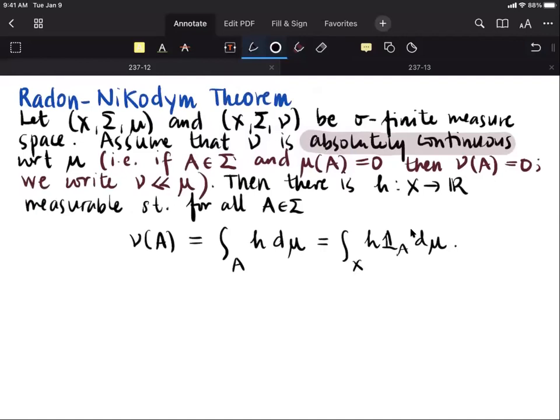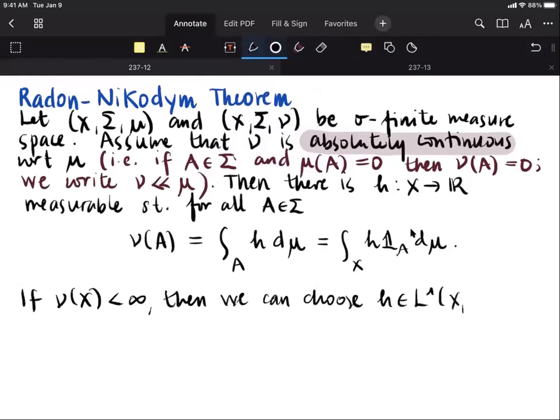And in addition, if mu is finite, nu is finite, then we can choose this measurable function to be in L1. And in fact, this function can be shown to be unique.